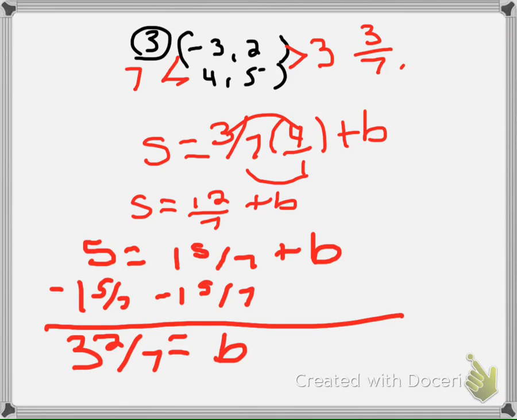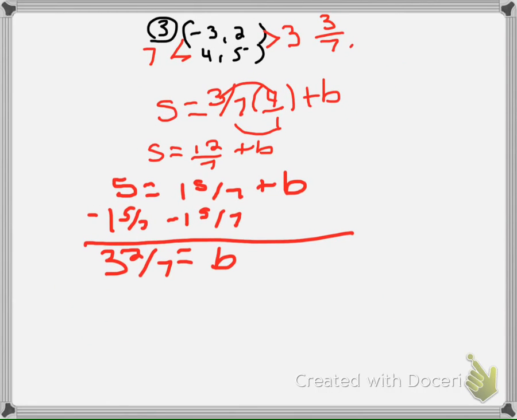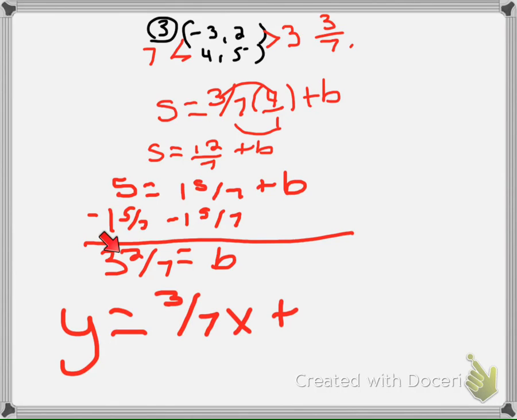I can do that in my head, and you should be able to too. Now all I need is to write the m and the b in my equation, and I'll be done. Y equals, what was m? M was 3/7. X plus, what was b? B was 3 and 2/7.